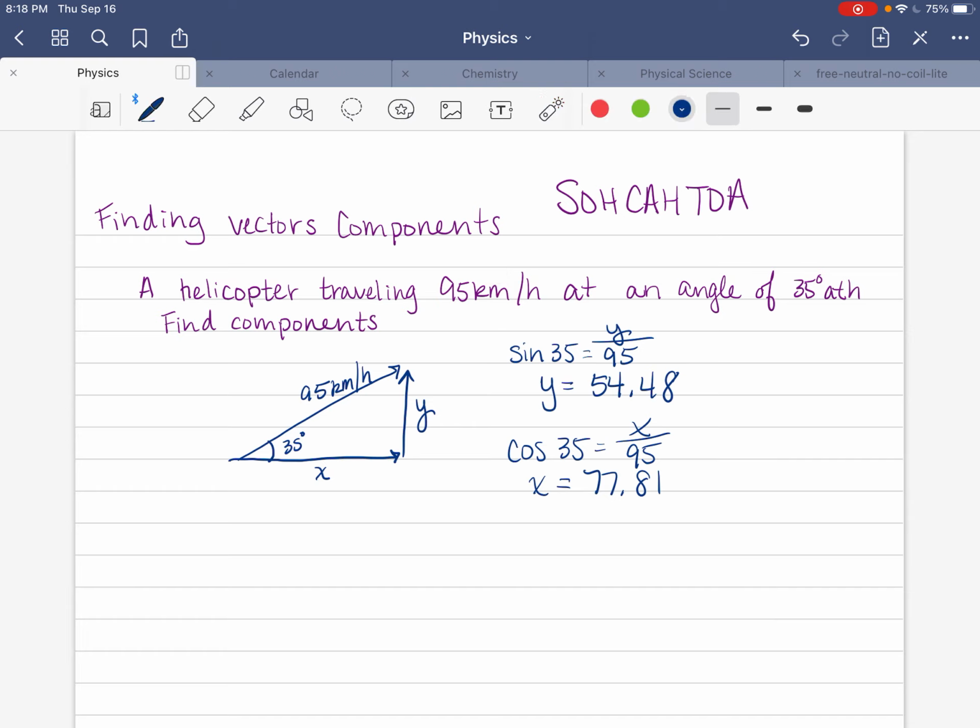To report my final answer, the x component, I need to round it to 2 sig figs, so it's going to be 78 kilometers per hour. It's in the positive direction, or you could put to the right or to the east. Anything would work there. I'm just going to put the plus sign because we didn't really have north, south, east, west in this problem. And then for my y component, it's going to be 54 kilometers per hour, also in the positive direction, or you could put up or to the north.